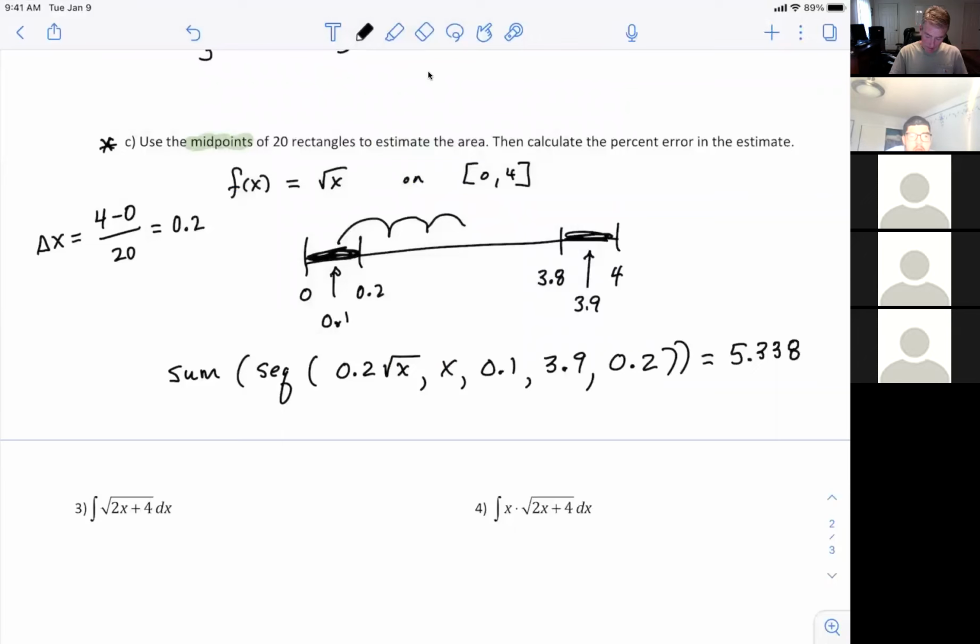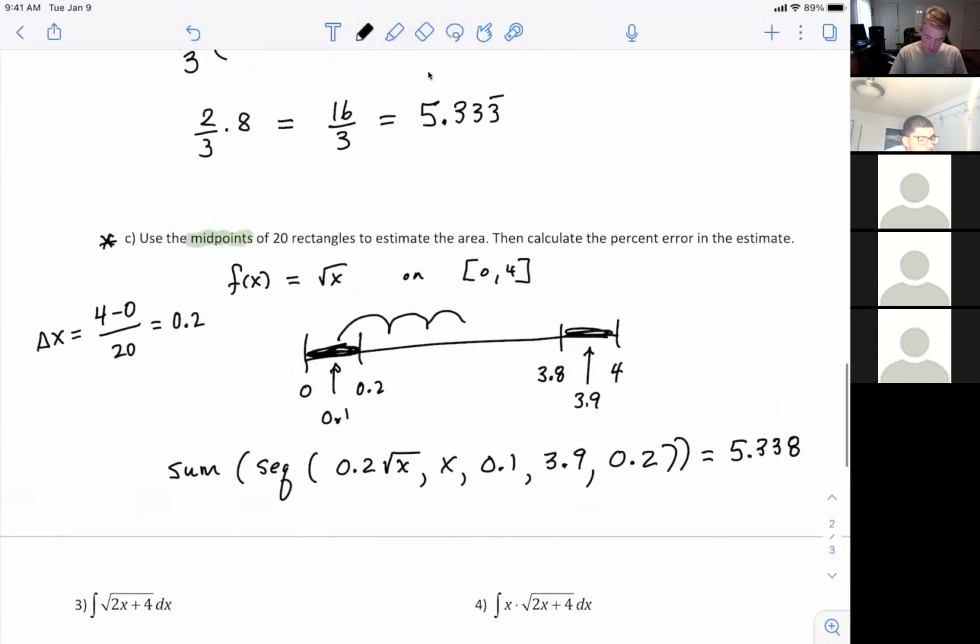And then calculate the percent error. So percent error, you take the actual number minus the estimate divided by the actual.